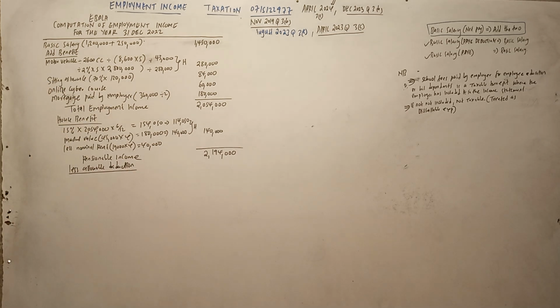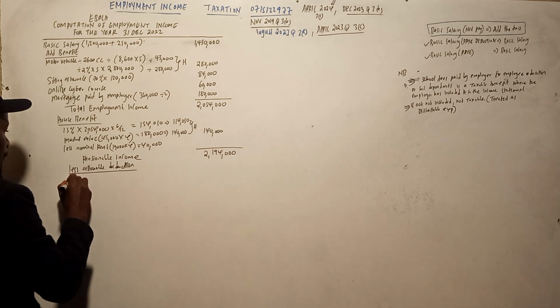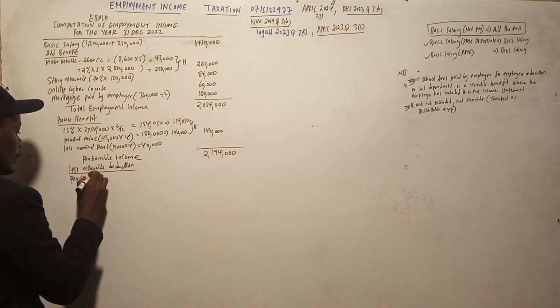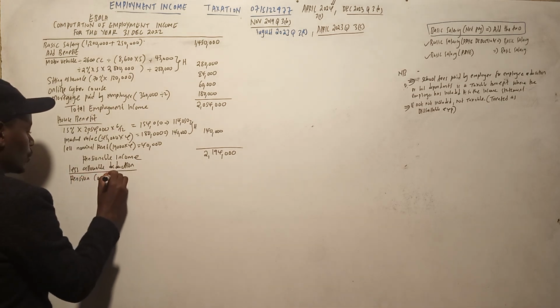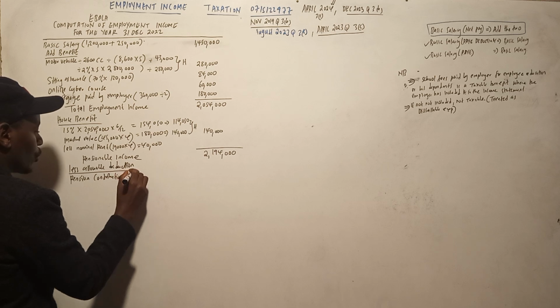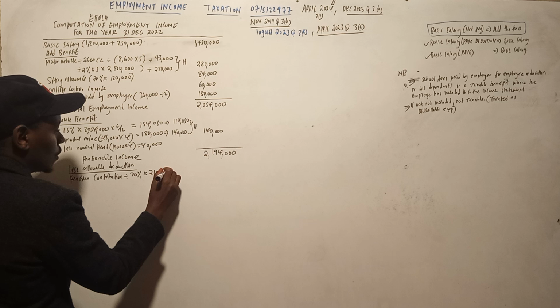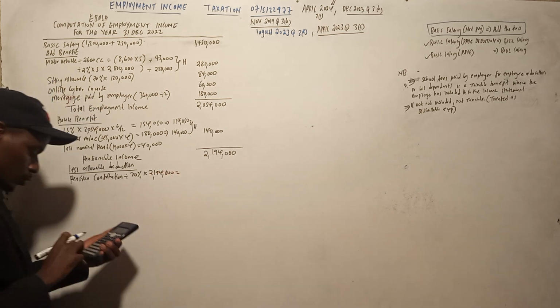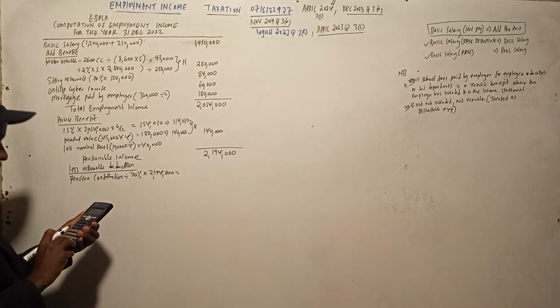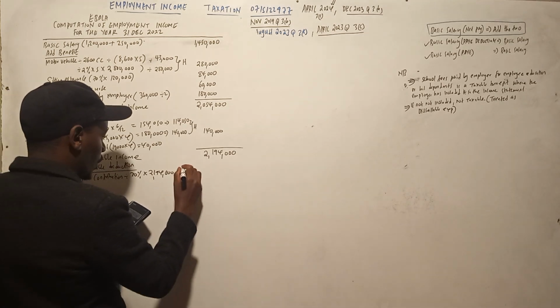So was there any, kulikuwa na nini, pension contribution? So tunaanza na pension contribution. Ilikuwa the first one, pension contribution. So 30% of 2,194,000. So 0.3 times answer, 650,200.